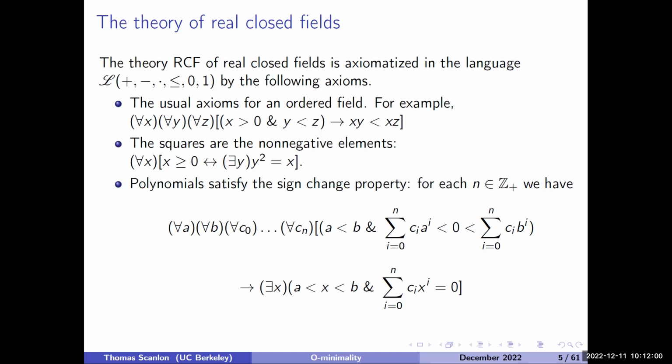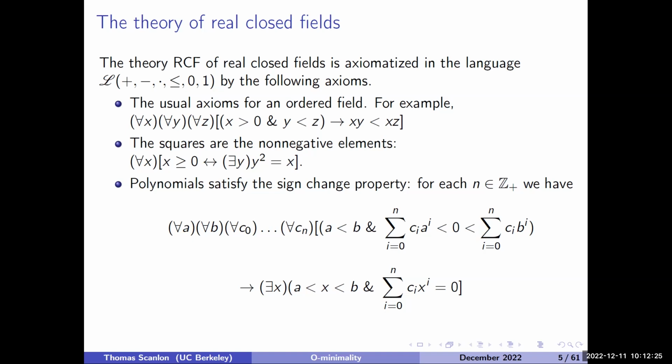What can you say in the elementary theory? You have these two consequences of completeness. One is that being a square is the same as being non-negative. The second is the sign change property.